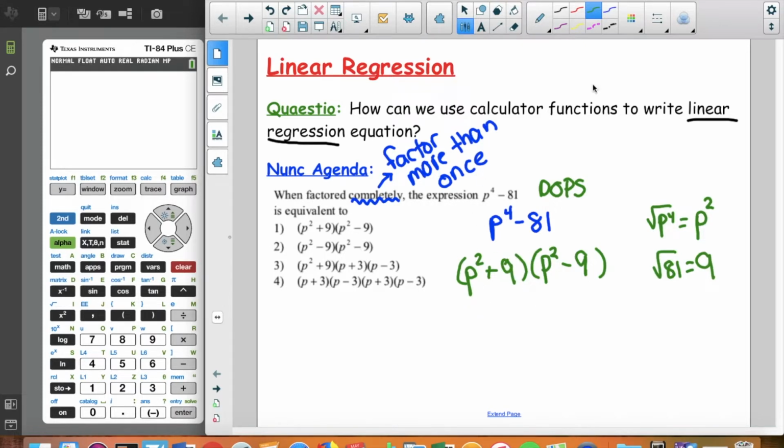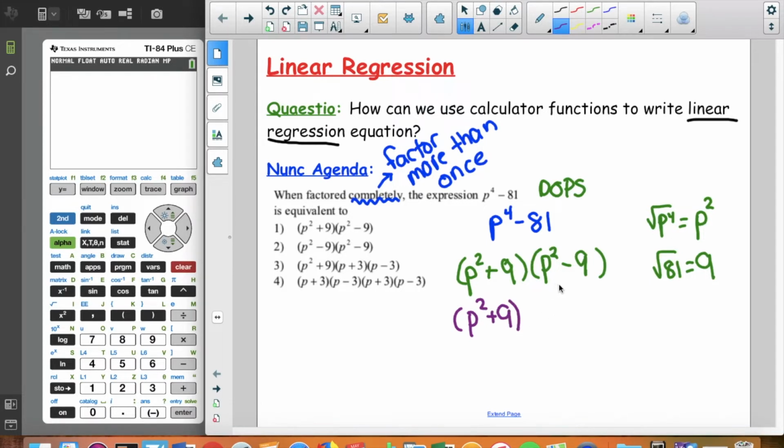Looking at this first parentheses here, we have two terms, but we have a plus sign, so we can't use difference of squares again. There is no GCF, so this one is done. Nothing we could do there. But this one, we have two terms, a subtraction symbol, and we can use difference of squares again because we still have two perfect squares. So this stays the same, so I'm just going to write it down as is.